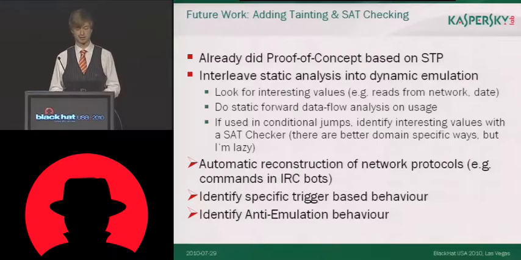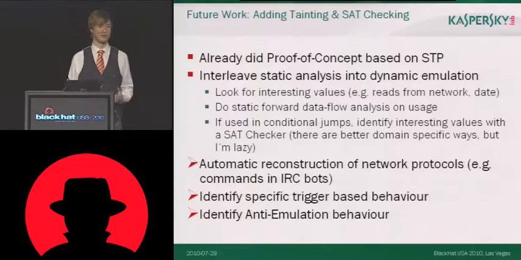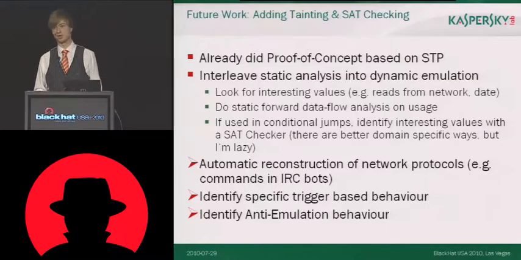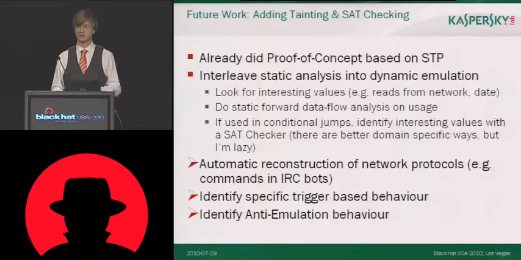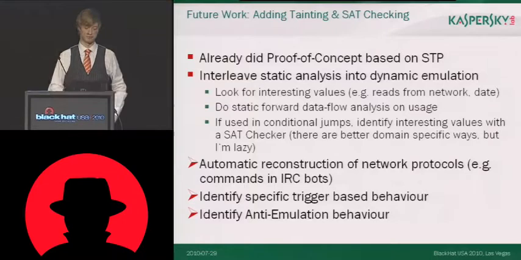And goals could be, for example, automatic reconstruction of network protocols, like, for example, IRC bots. You want to see the supported commands without ever connecting to a C&C server. Identify specific trigger-based behavior, like, okay, this is a malware sample, but before this specific date, it will not do anything at all. Or identify anti-emulation behavior, like what I've been presenting before.